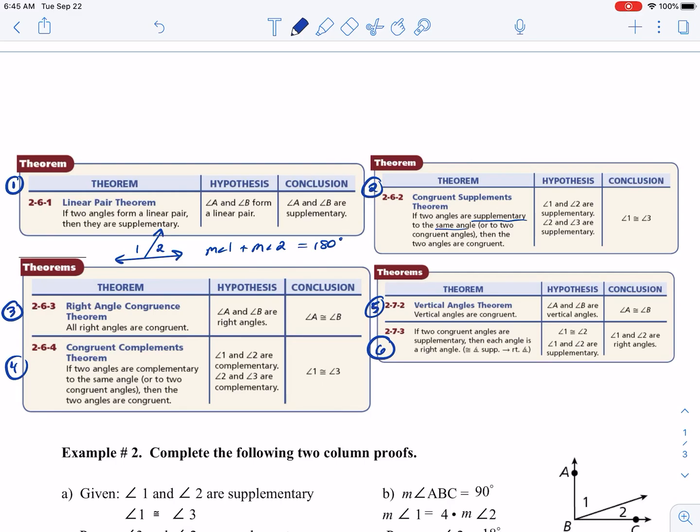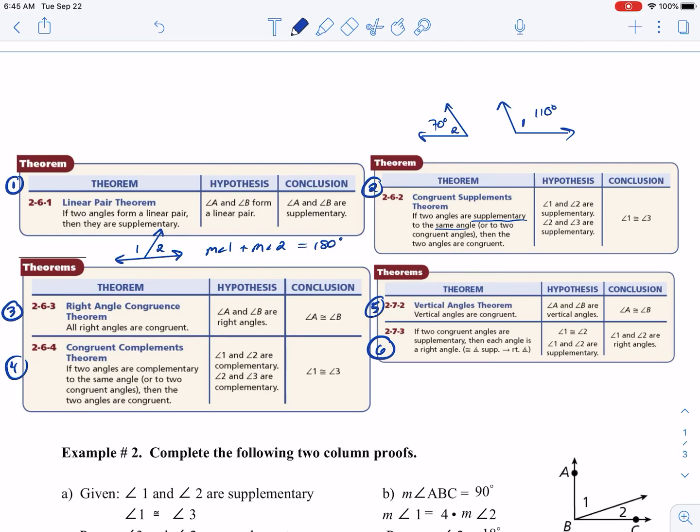So say we have angle 1, and angle 1 is 110 degrees, and then we have angle 2, and angle 2 is 70 degrees.